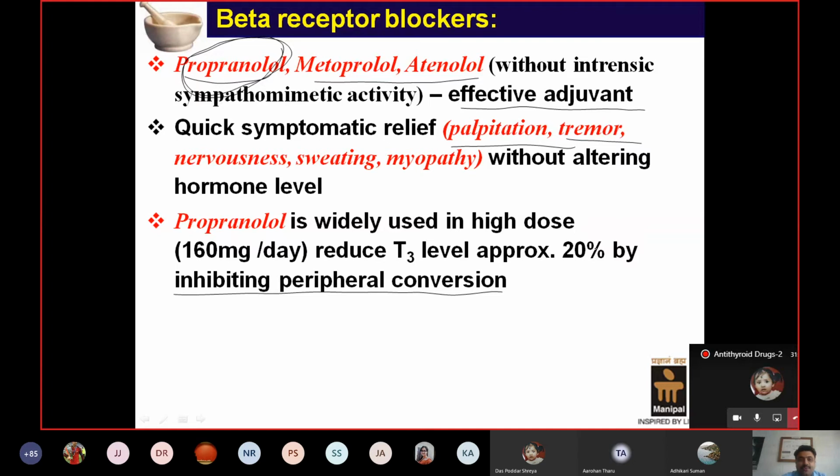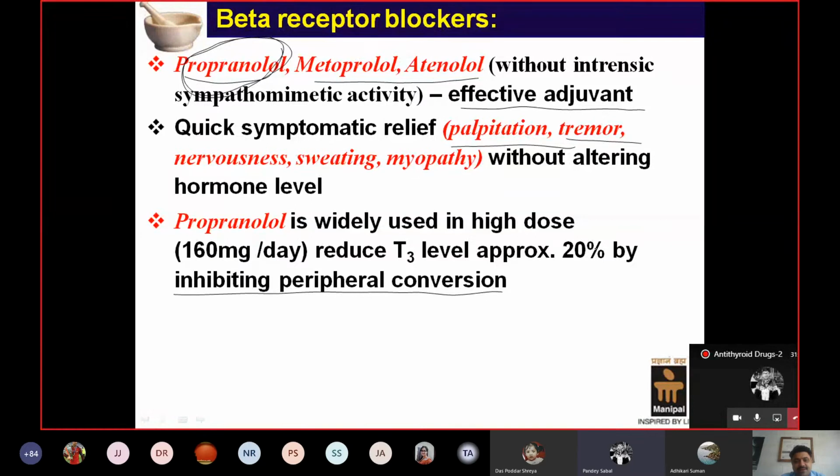So why is propranolol preferred over other beta blockers? Sir, it will decrease the peripheral symptoms of hyperthyroidism, and it will inhibit the conversion of T4 to T3, and T3 is more responsible for the actions.